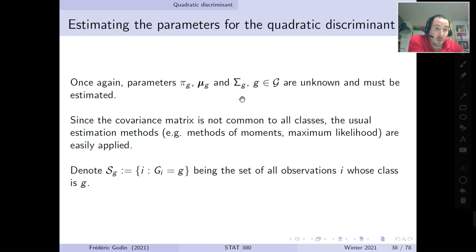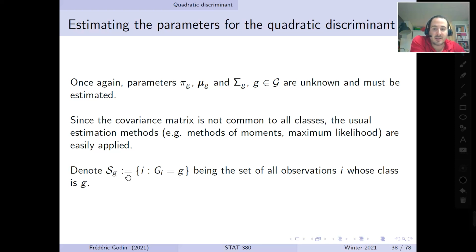Now, there are more parameters because you have one sigma per class, but a bit ironically, this makes the estimation a bit more simple, as we're going to see next. Because the covariance matrix is not common to all classes, it's easier to apply the conventional maximum likelihood estimation method. So how to do that?